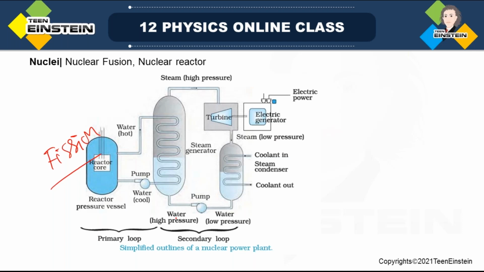In brief, when a reaction happens, the energy is released to the water, and that water gets converted into steam. There are two chambers, the water high pressure chamber and the steam high pressure chamber. The steam goes to the turbine, and the turbine is rotated by the high pressure steam.